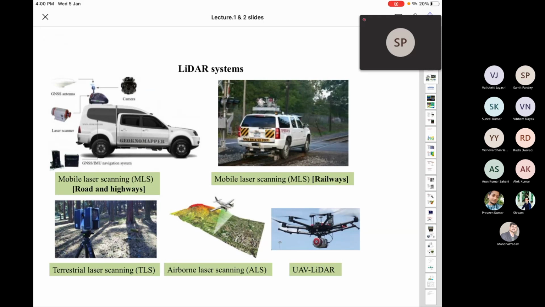So when the LiDAR fires a laser beam and, through further processing, the coordinate of a point is calculated, the color information of the same point is also collected through the camera, the photograph collected by the camera.